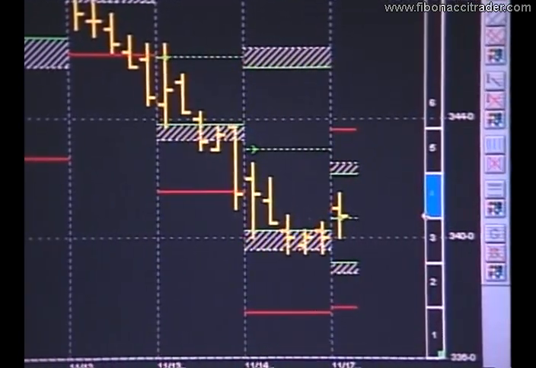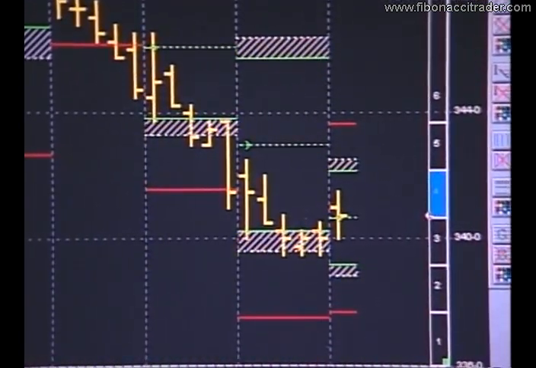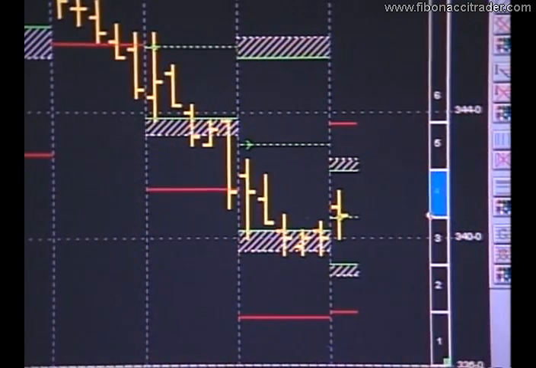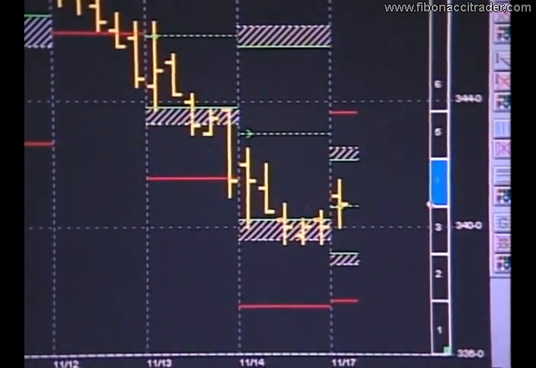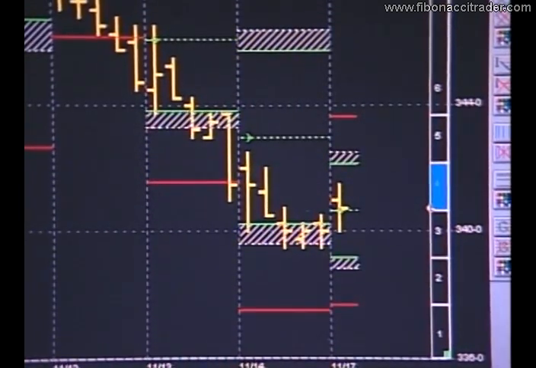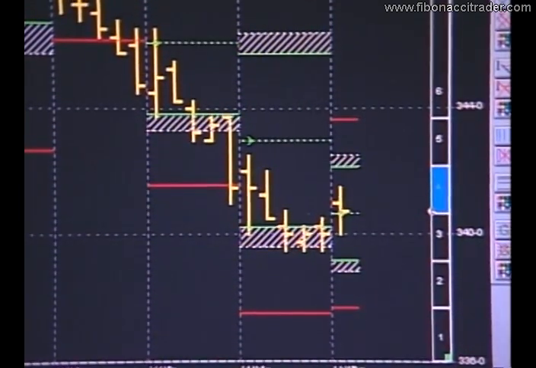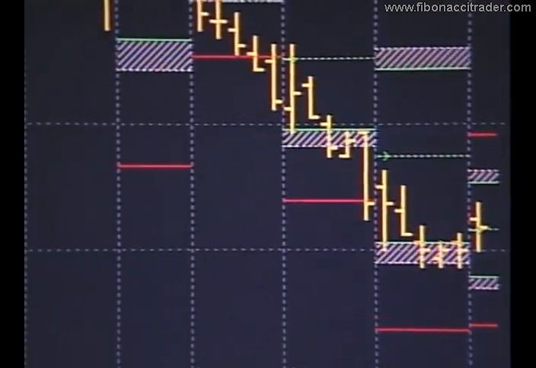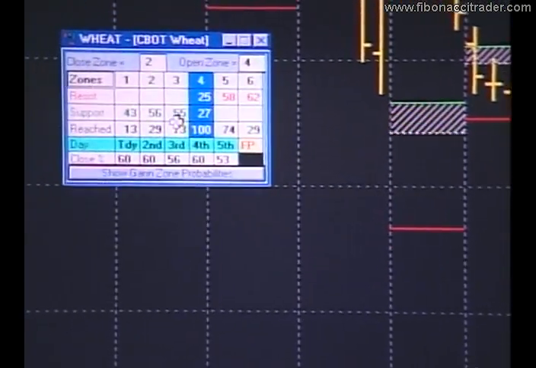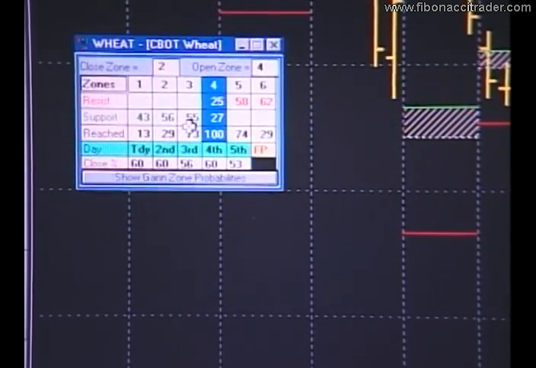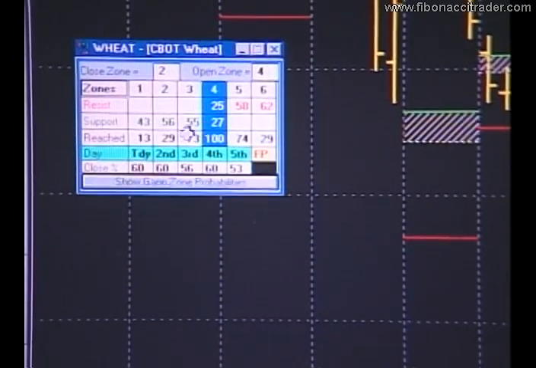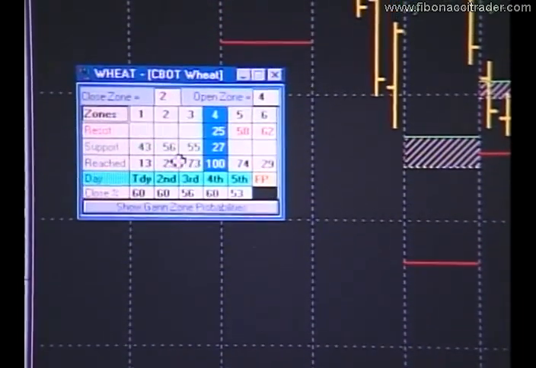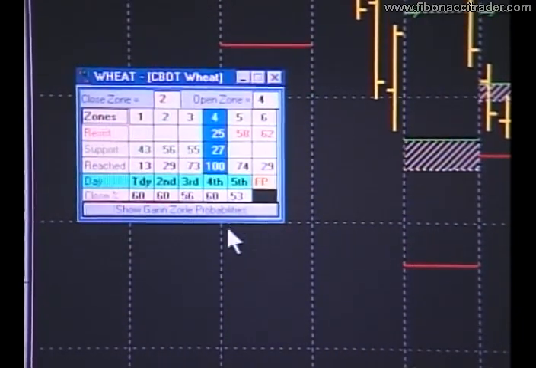But because I know that zone number 5 is reached 74% of the time, the probability exists that this may be a reasonable area to buy in, because the support is well over 50%. And I mentioned to you, I always look at the zone preceding the high probability. So we have a 55 and 56. So when I combine 2 and 3 together, there seems to be reasonable support. They're not fantastic, but reasonable.